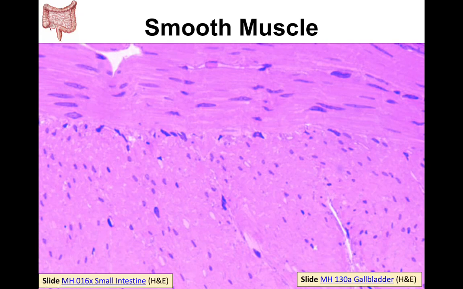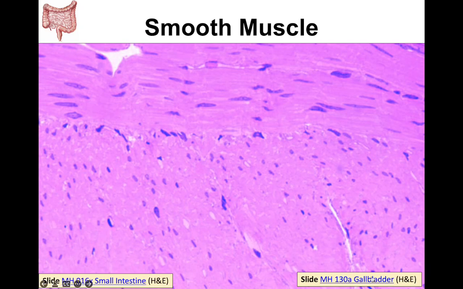So when the muscle contracts, the nuclei become wiggly, or look like a worm. Here in a transverse section, you can also see the nuclei, and the nucleus is found at the center. And the cytoplasm doesn't have a stippling appearance, it's homogeneous because smooth muscle is not striated.